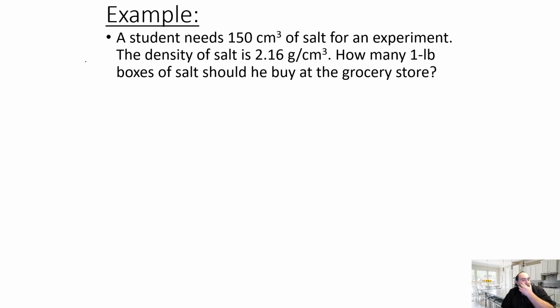A student needs to use 150 cubic centimeters of salt for an experiment. The density of salt is 2.16 grams per cubic centimeter. How many 1 pound boxes of salt would they need to buy? A reminder that 1 pound is 453.6 grams. So I want you to take a moment and figure that out and see what you come up with.